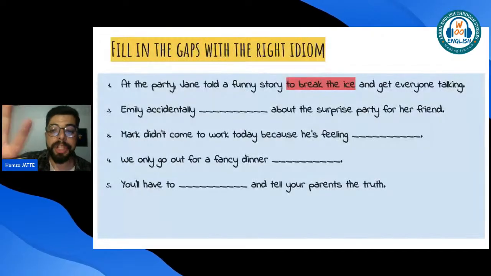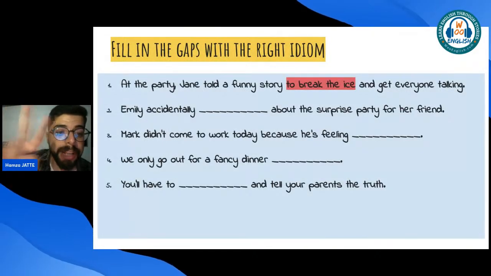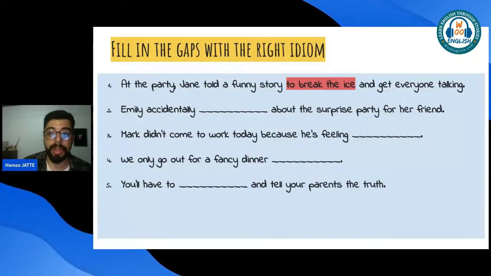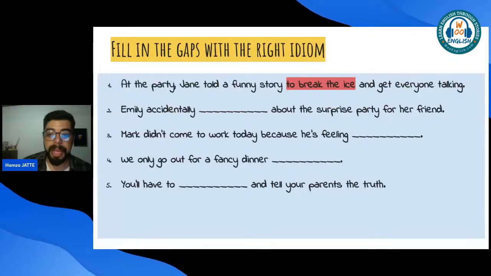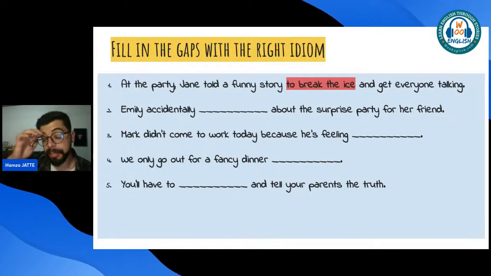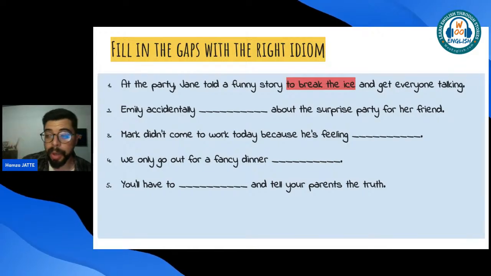Here in number two, I can accept two answers. Two answers are accepted in number two. Both of them, they almost have the same meaning. Spill the beans. Or what?